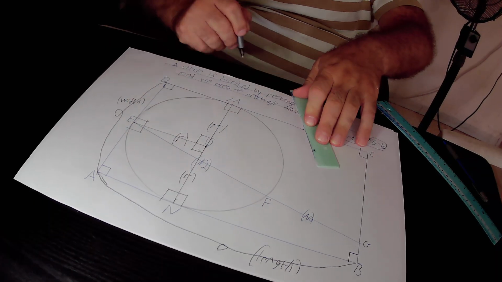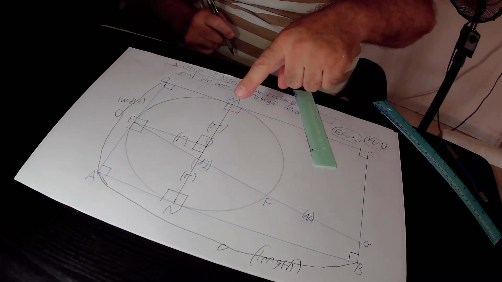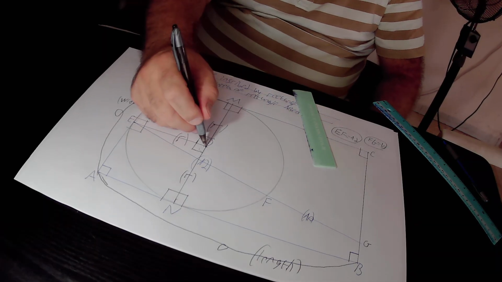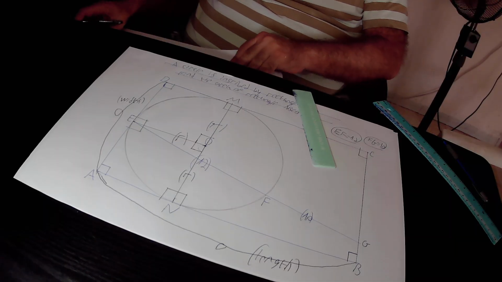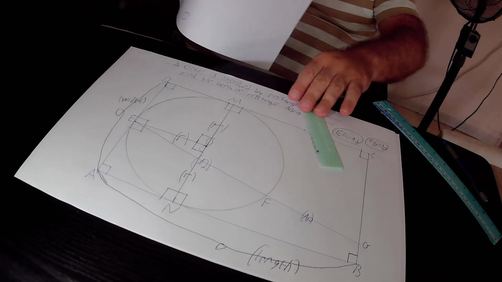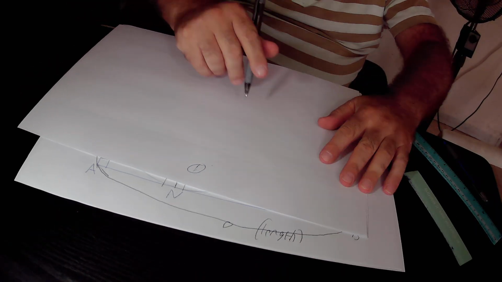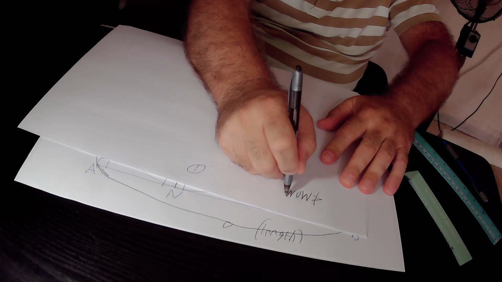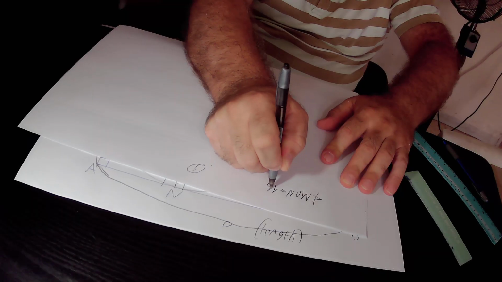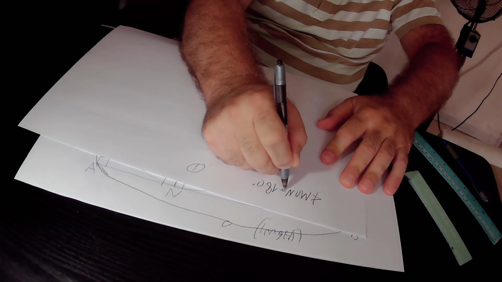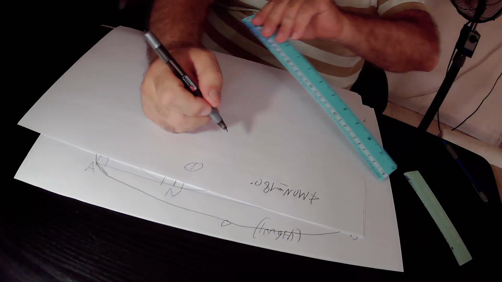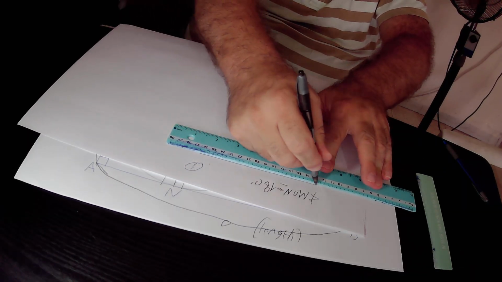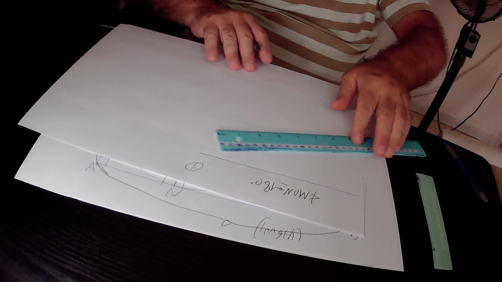So actually, the size of the big angle MON is equal to 90 degrees plus 90 degrees, that is 180 degrees. So I write it down. The big angle MON is equal to 180 degrees in its size. And we know that any angle that is equal to 180 degrees in its size is defined as a straight line.